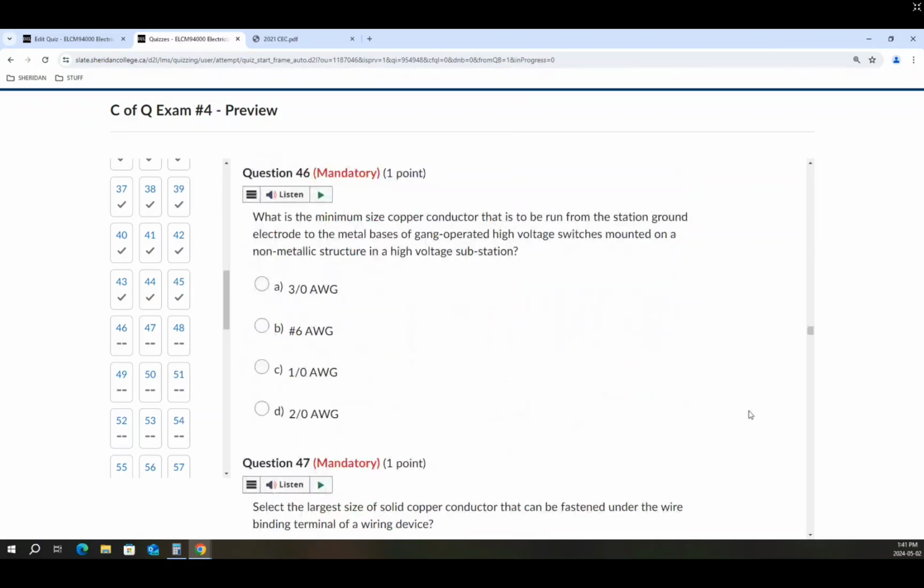Question 46. What's the minimum size copper conductor that is to be run from a station ground electrode to the metal bases of gang-operated high-voltage switches mounted in a non-metallic structure in a high-voltage substation?